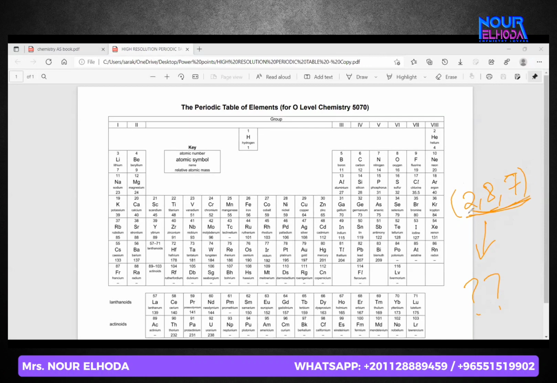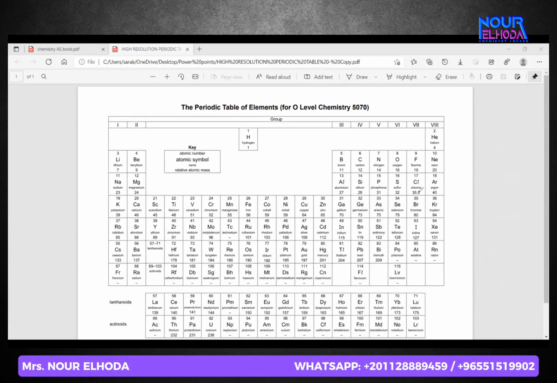You will count these together: 2 and 8 and 7, so this means it's 17. What you count is the atomic number. So you search in the periodic table for which element has atomic number 17. Chlorine. Correct. This is how you can identify an element, by using the atomic number. Okay, let's continue.